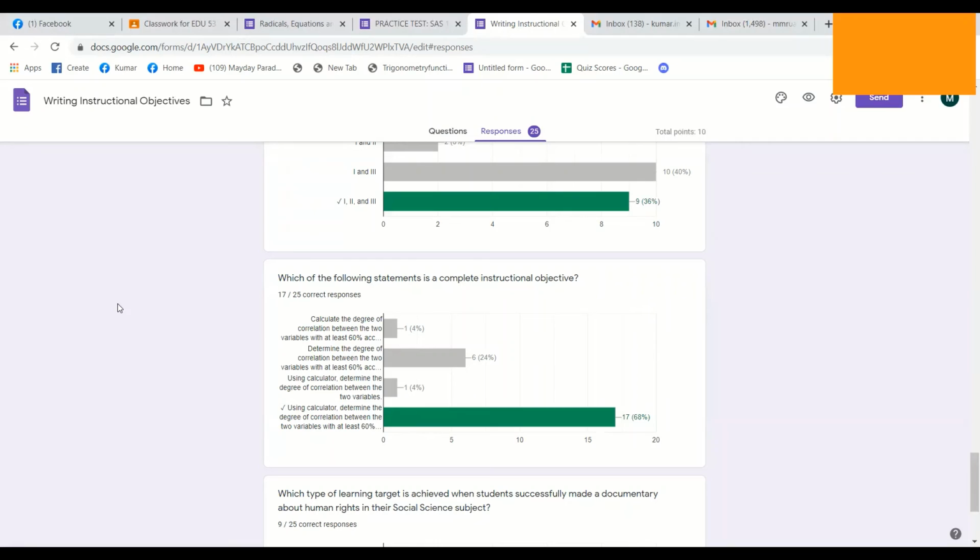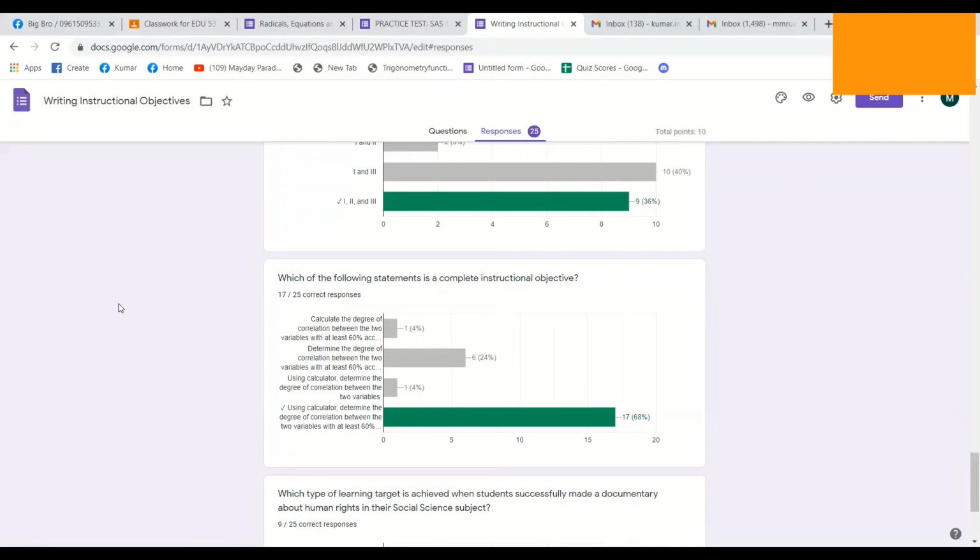Using calculator, that is your stating condition. Determine the degree of correlation between the 2 variables, that is your observable behavior, or observable learning outcome. And at least 60%, that is your criterion level. So therefore, only letter D is complete.